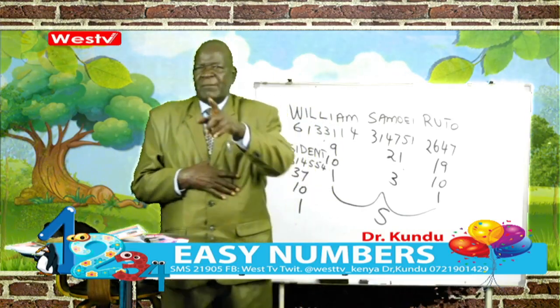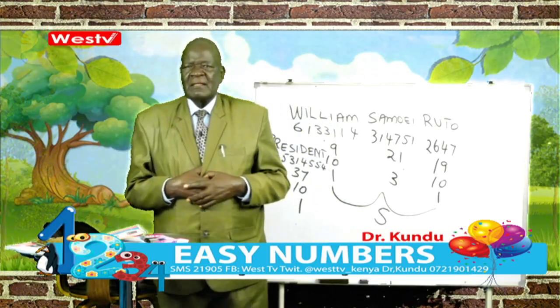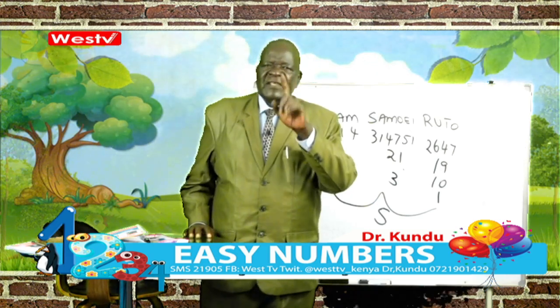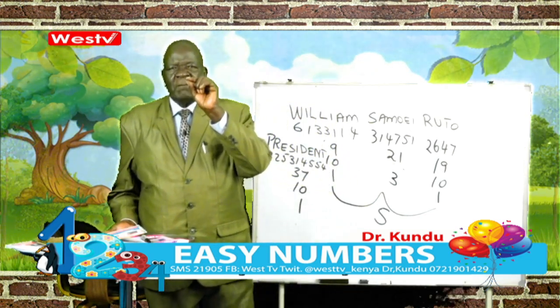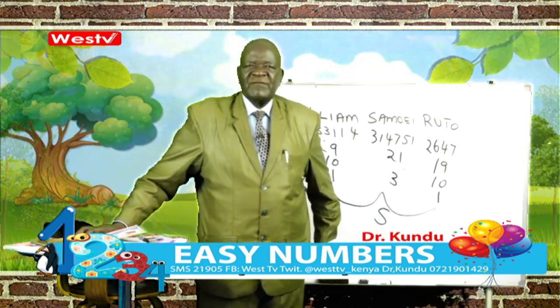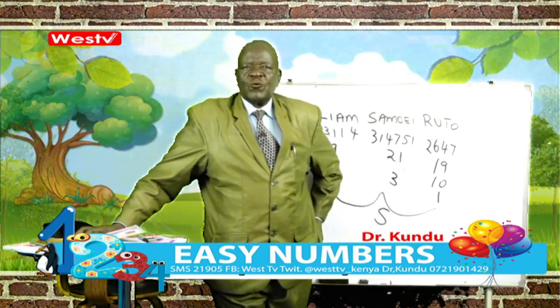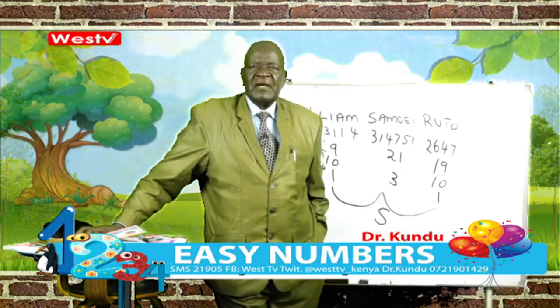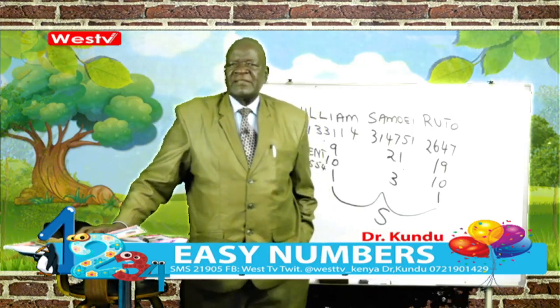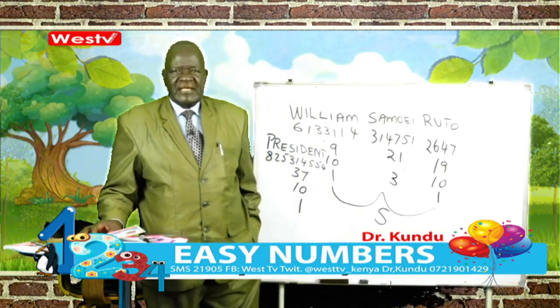And when you see Samoei as 3, this is a number 3 man. Look at his date of birth on 21st. 2 plus 1 is 3. And they name him 3.